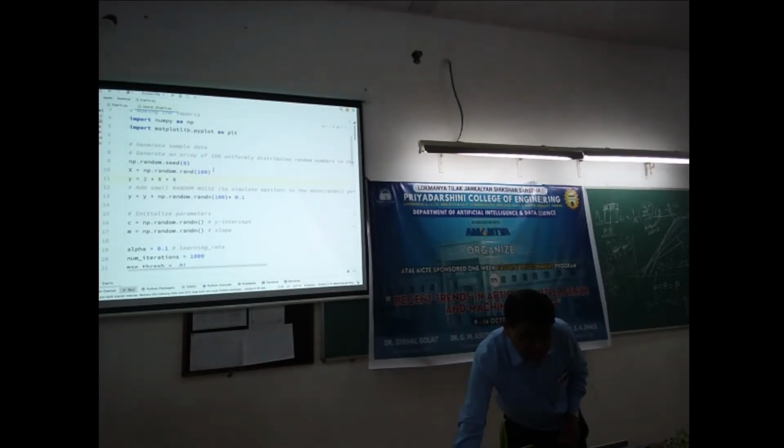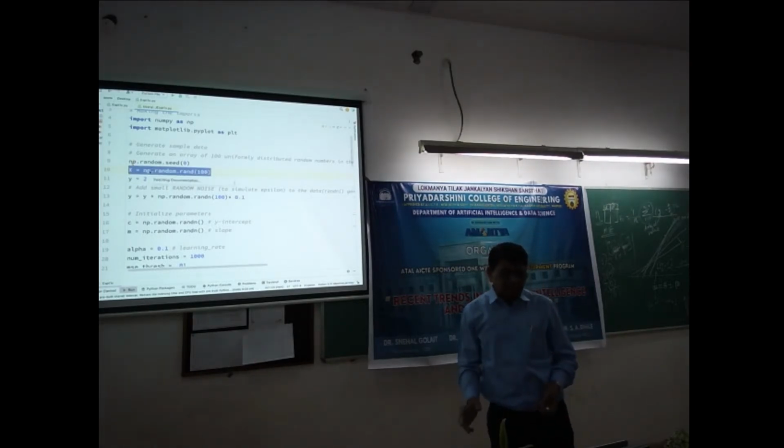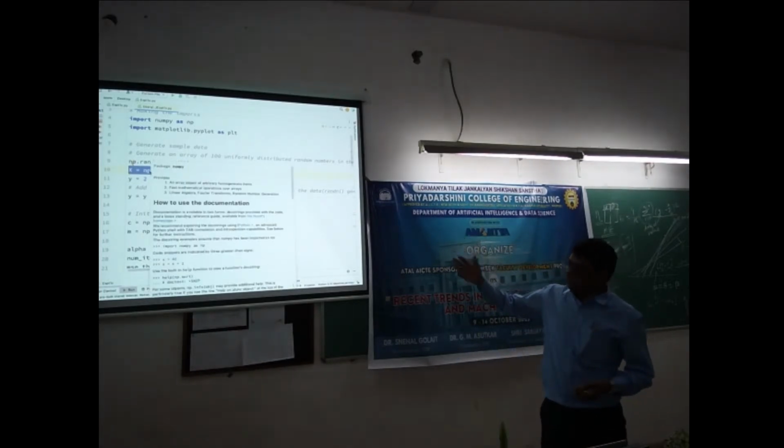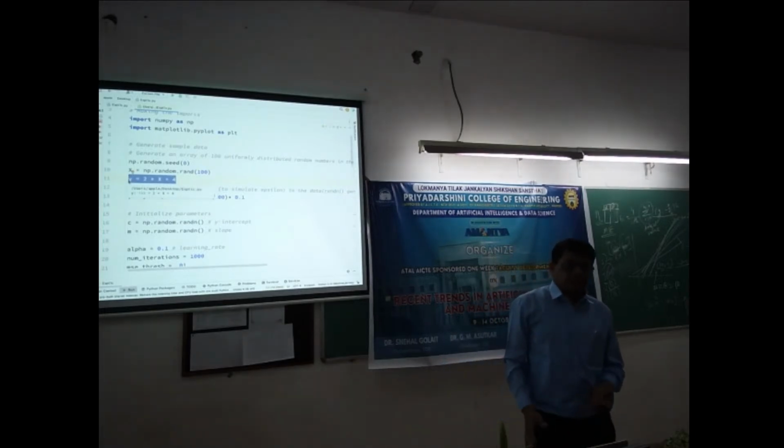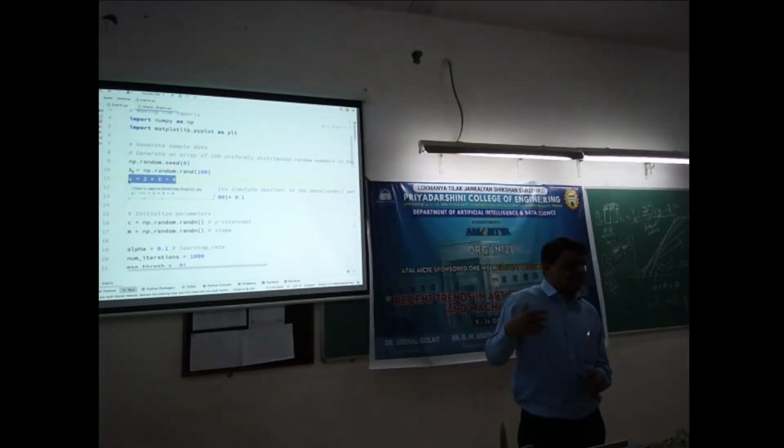Look, where do you get this data from? You get x and y from a real world problem. For example, in the CGPA prediction problem, you have to go to the T&P officer and take the CGPA of the students and the respective salaries they have got. That data you have to collect from the T&P coordinator.